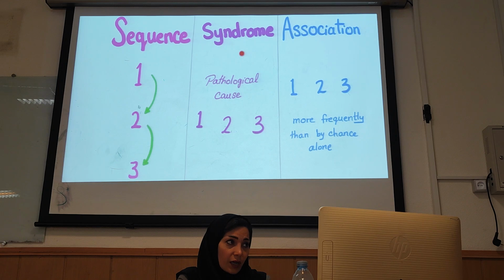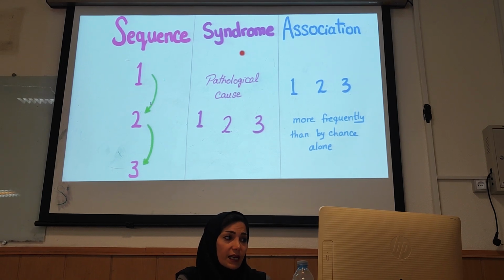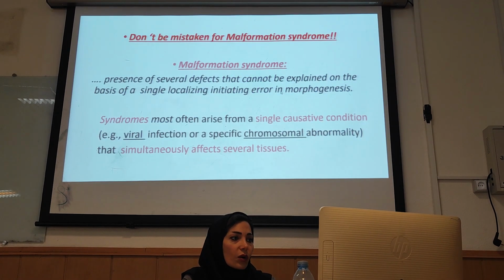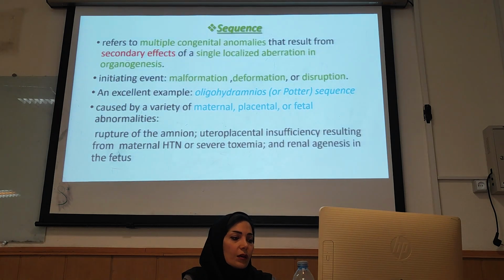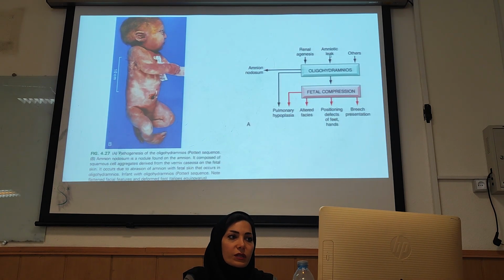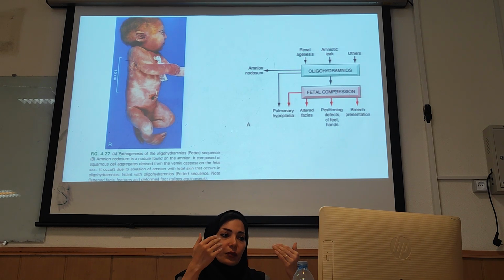So in the sequence there is a cause-effect relationship between the events. You see the oligohydramnios, leakage of the amniotic fluid is present, and oligohydramnios leads to fetal compression.